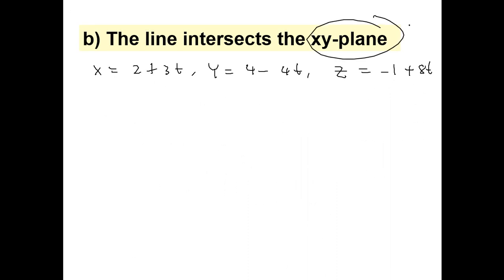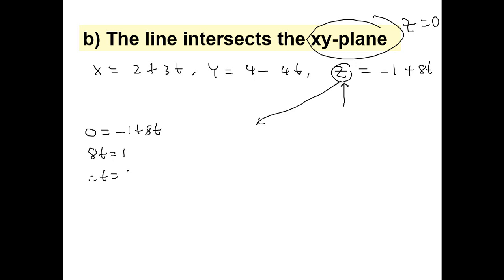XY plane means that z is equal to 0. From part A, we get the parametric equations for the line. So z is equal to 0. Substitute: 0 equals -1 plus 8t, so 8t equals 1. Therefore t is equal to 1 over 8.